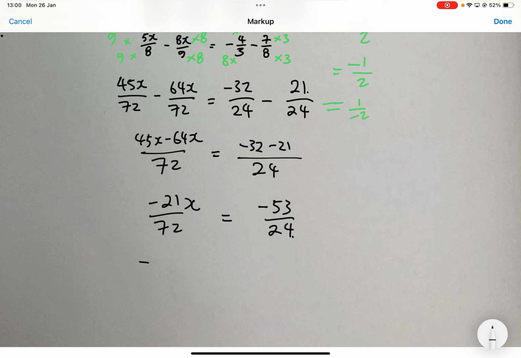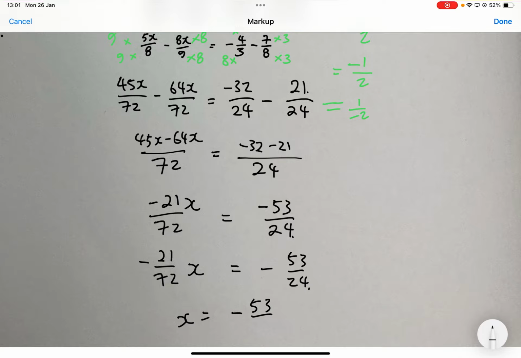If I want to use my calculator at this step, I can just divide. Then press the calculator, I will get my answer.